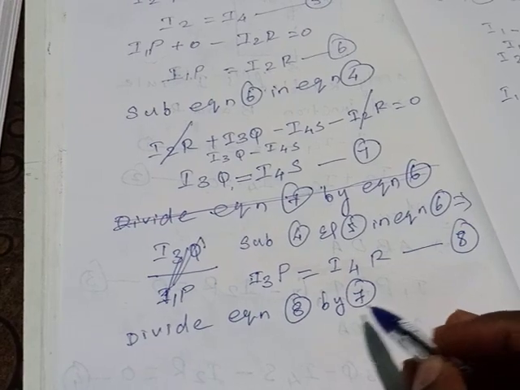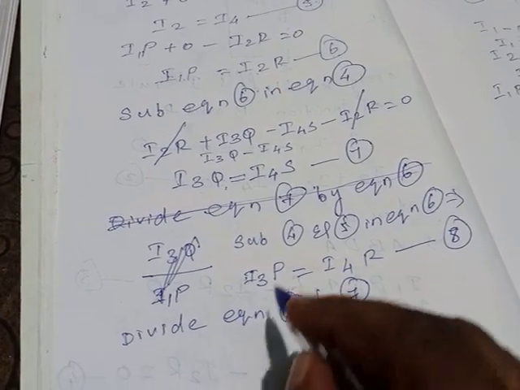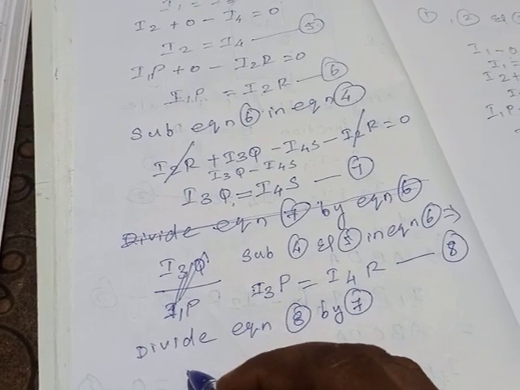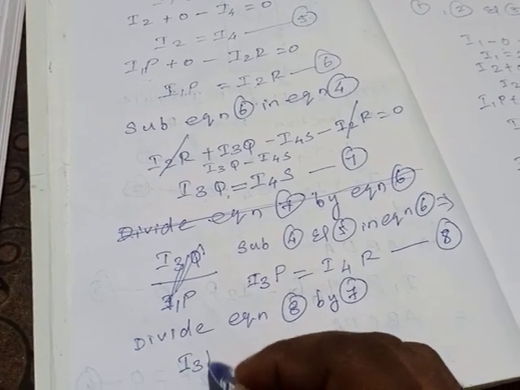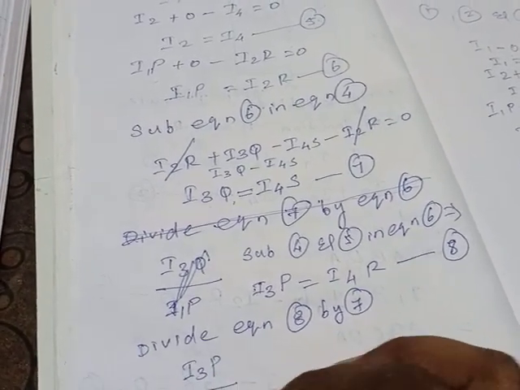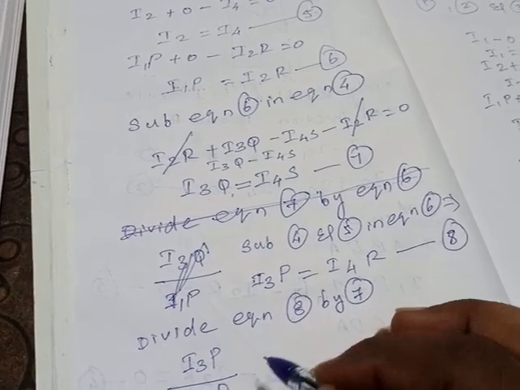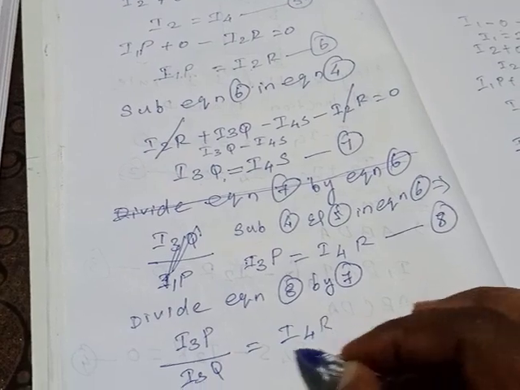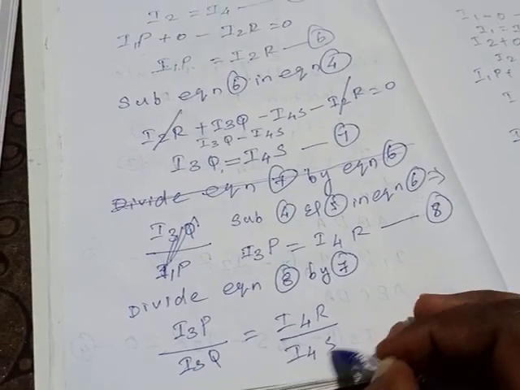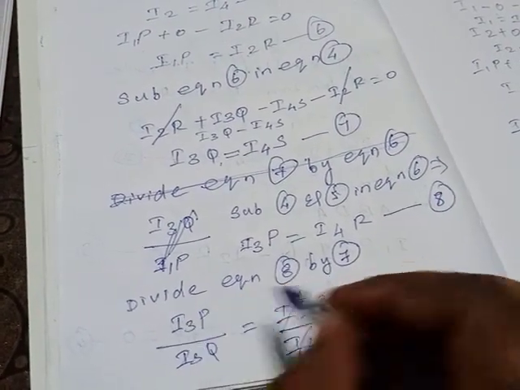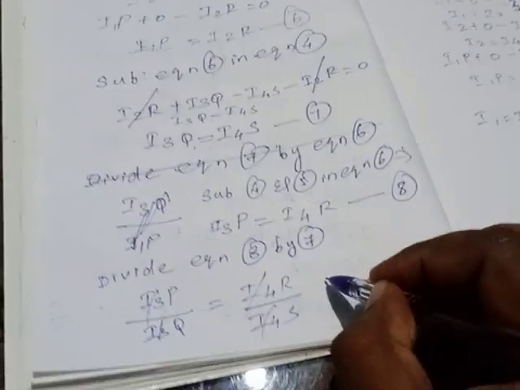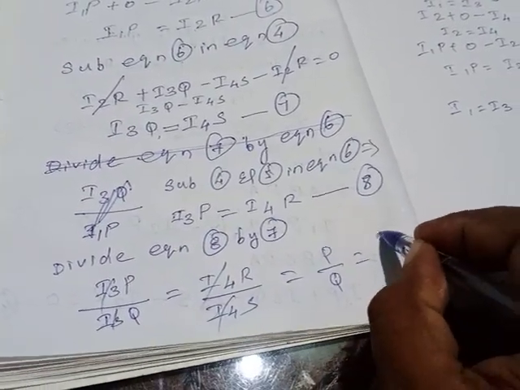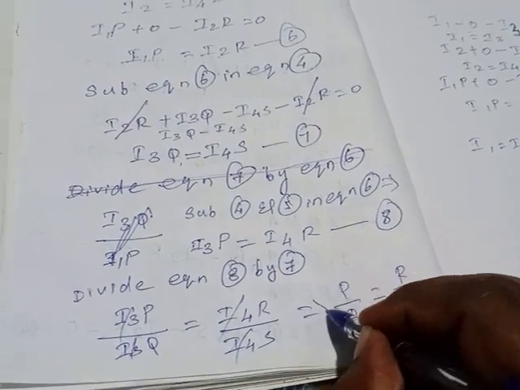So what we will get? I3P by I3Q equal to I4R by I4S. So cancel I4, I3 cancel. You will get P by Q equal to R by S.